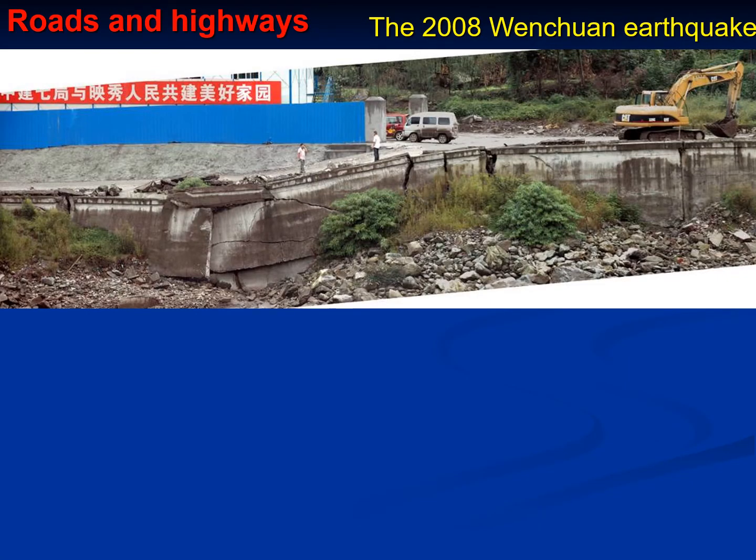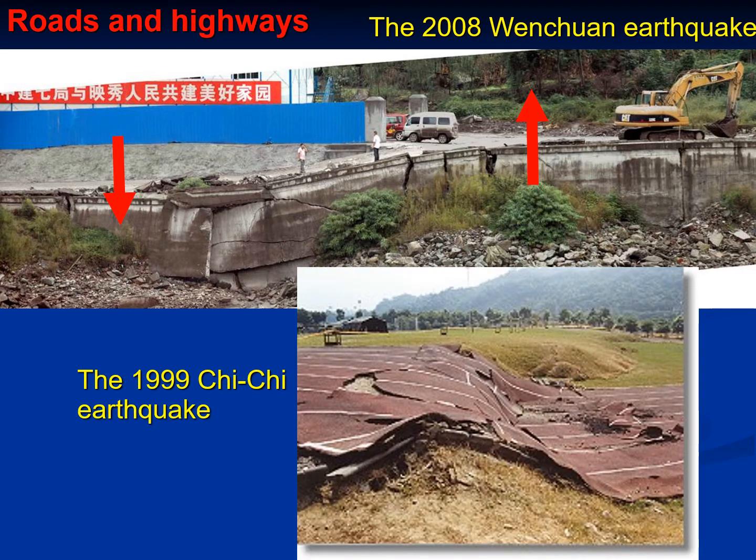Let's talk about roads and highways. This is an example from the 2008 Wenchuan earthquake in China. We see the road was displaced by an active fault, but nothing terrible occurred at this particular site. One more example, the 1999 Chichi earthquake.